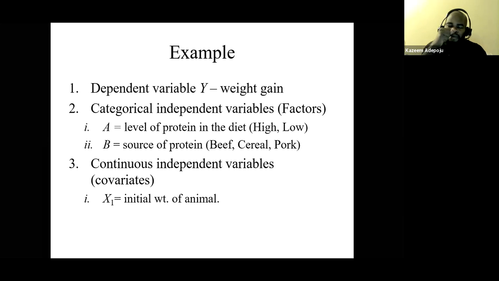Okay, now in my bachelor program, I actually worked on the analysis of covariance. And what did I do in analysis of covariance? I looked at the effects of some selected treatments on the weight gaining ability of pigs.